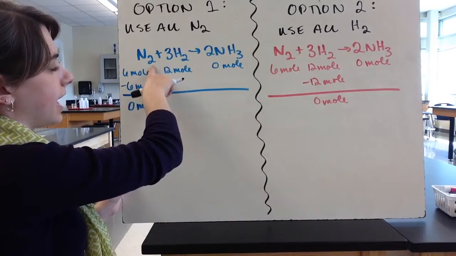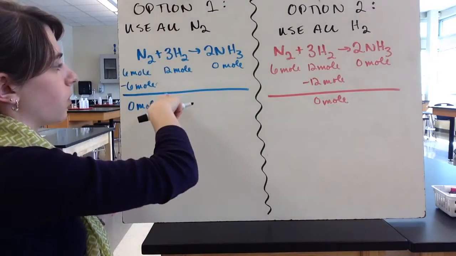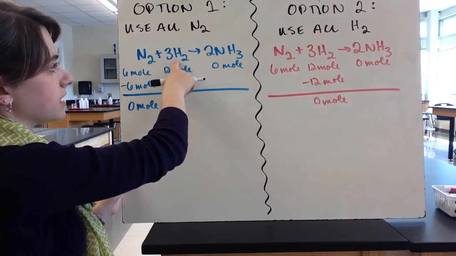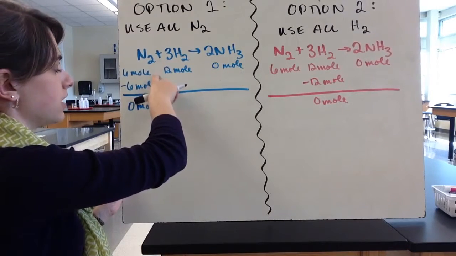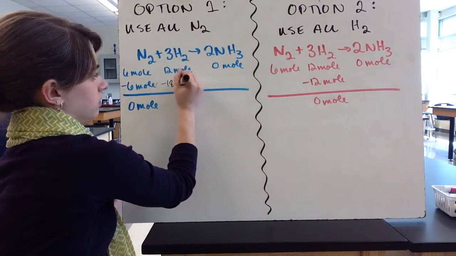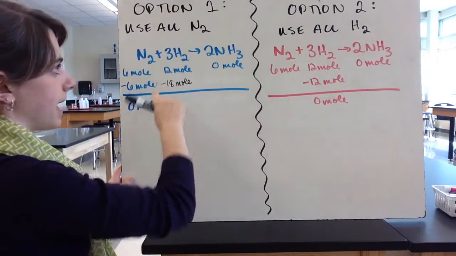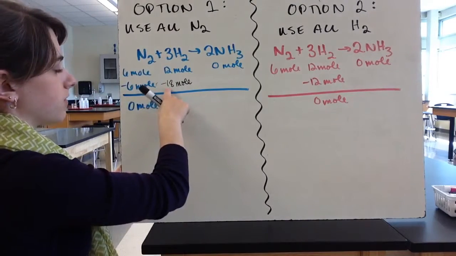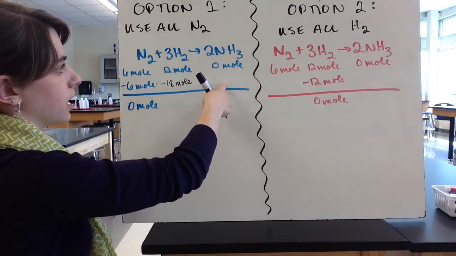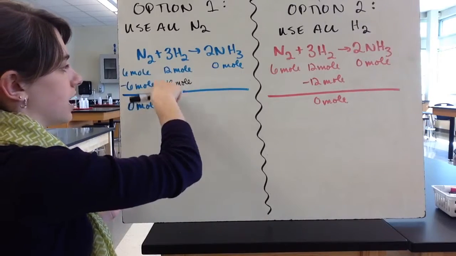So if we're looking at option 1 where we use all of our nitrogen gas, we use 3 times as much hydrogen gas as we use nitrogen. 3 times 6 is 18. So we'd need 18 moles of hydrogen to react with our 6 moles of nitrogen. And then we'd produce twice as much NH3 as we would use N2.